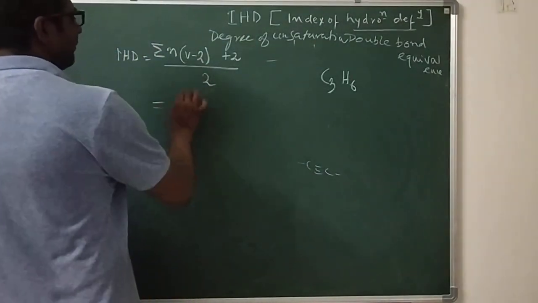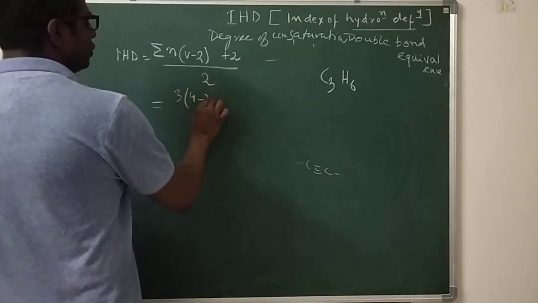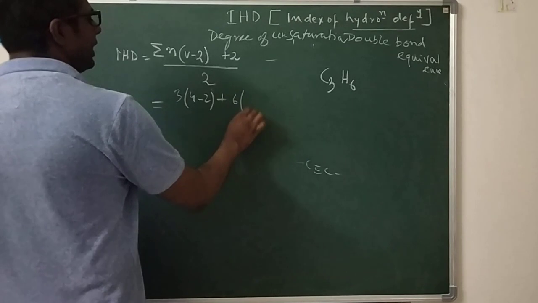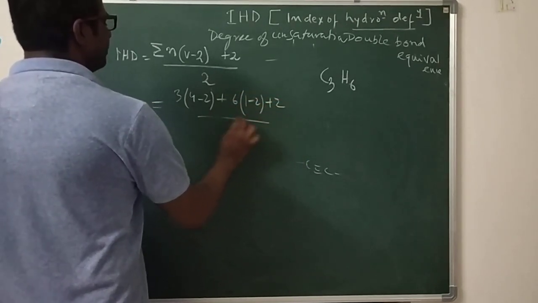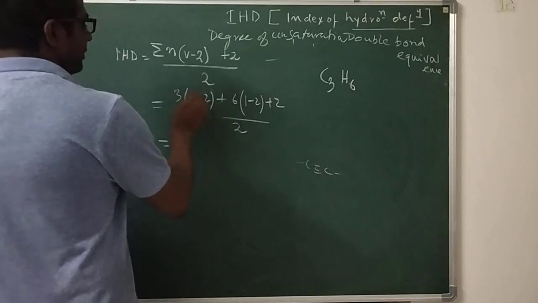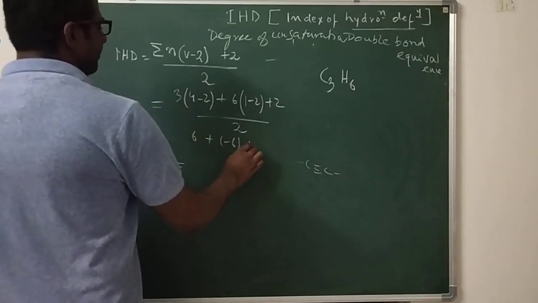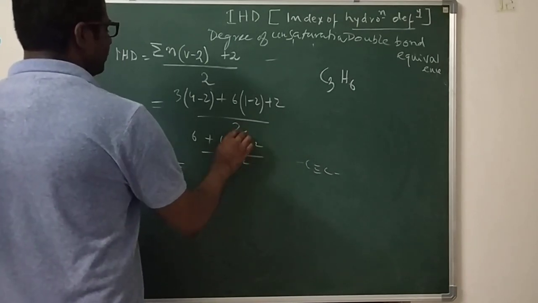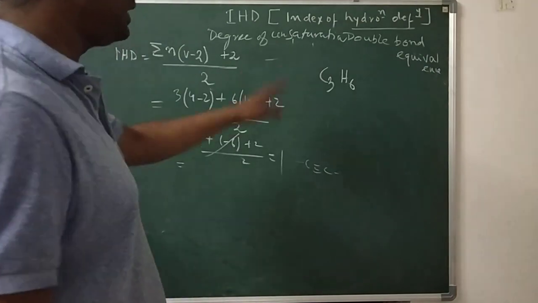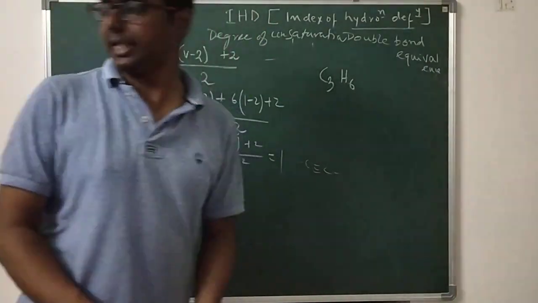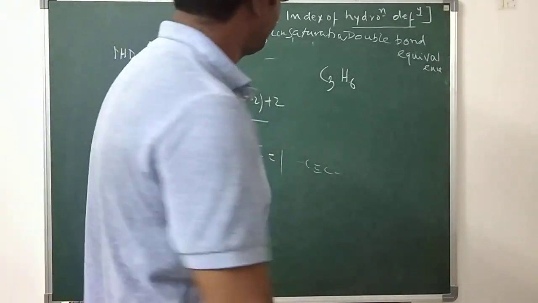What is the IHD over here? 3 into 4 minus 2 plus there is 6 hydrogen atoms, 1 minus 2 plus 2 all divided by 2. So 3 into 2, that is 6 minus 6 plus 2 all divided by 2. 6 will cancel out, 2 by 2 will be 1. So obviously it's having a double bond and there is a hydrogen deficiency of 1.